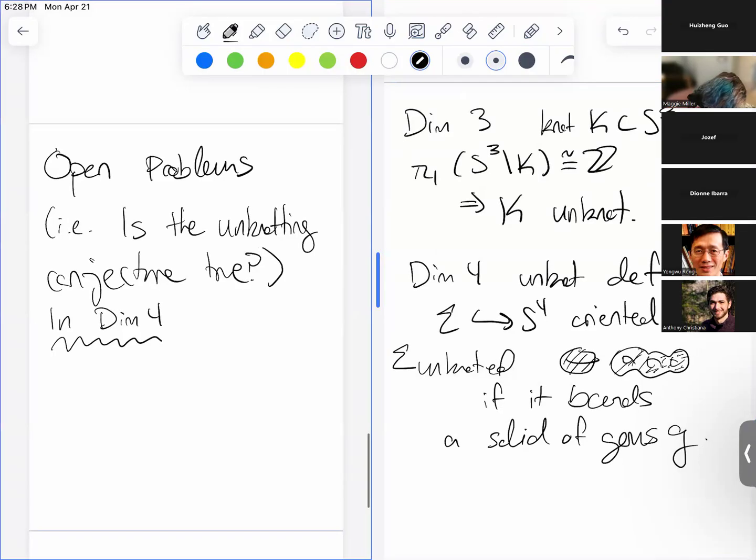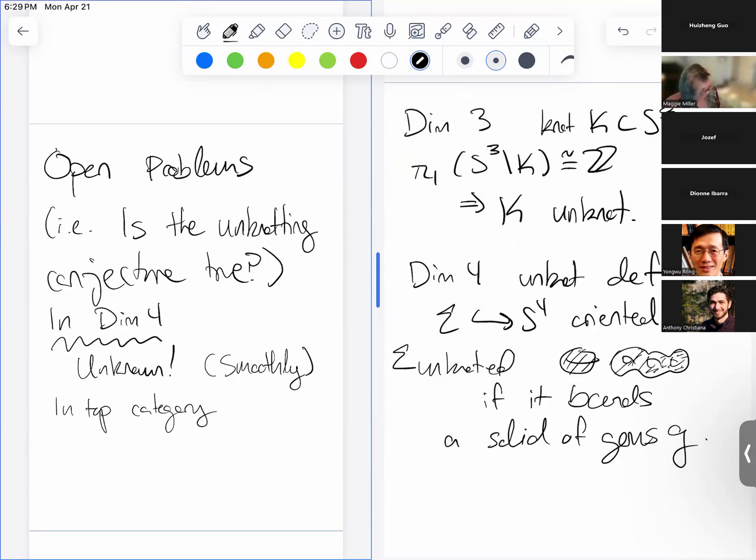So this is unknown, with some qualifications. When I say it's unknown, I mean smoothly. As you might have thought about before, in dimension 4 there's a really big difference between smooth and topological, locally flat isotopy. What we do know in the topological category is a lot, but still not the whole thing.